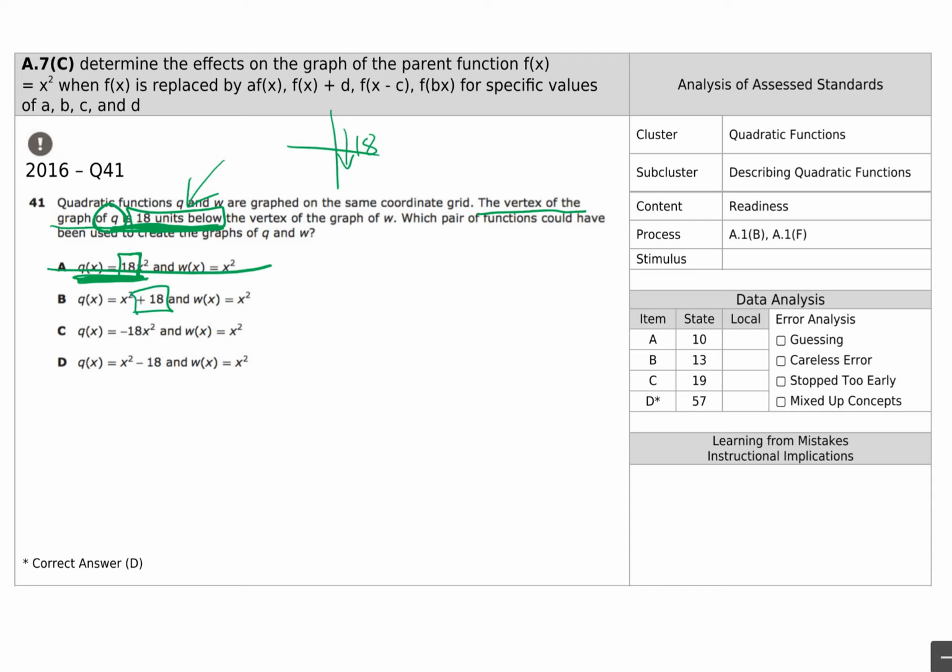This is plus 18 at the end. We know that that was going up, and this is saying it's below, so it's not there. This is negative, so it's narrower and facing downward on the graph. This one is minus 18, so it's shifted down 18. So D would be the answer there.